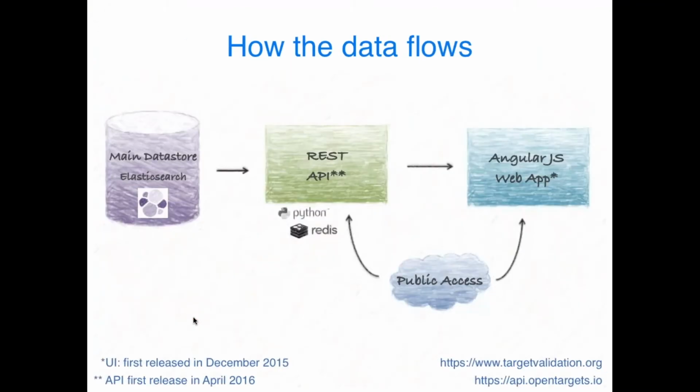So once the data is computed and stored in Elasticsearch, we then make the results of our pipeline available, and this can be done via the REST API, which is what I'm going to focus on from now on. But the data is also available through our online platform.